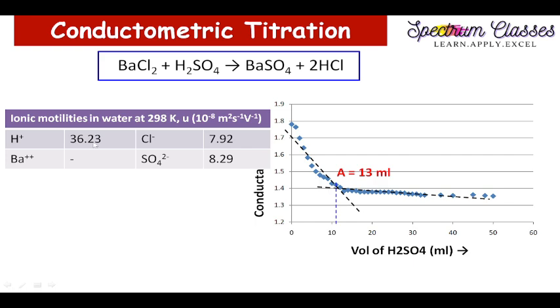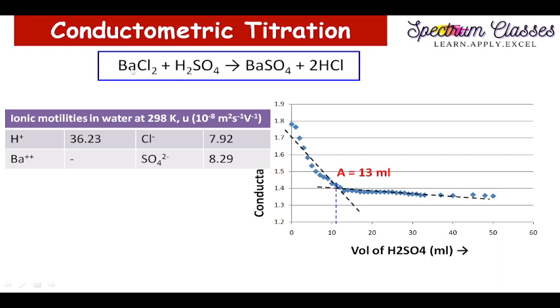Here is the ionic mobility for H plus ions, where the units are these, and ionic mobility is a multiple of 10 raised to the power minus 8. So for H plus it is this, and for Cl minus and SO4 2 minus, but I didn't get the ionic mobility value of barium 2 plus, and 2 chloride ions are replaced by 1 sulfate ion.